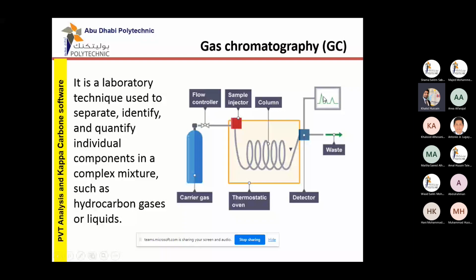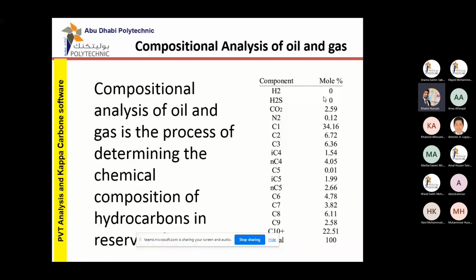This composition is very important. Like when you go to the doctor, he takes your blood test, and then the doctor can figure out your health only by looking at the values of your blood report. The same is the PVT simulator. In the PVT simulator, we give only this composition.